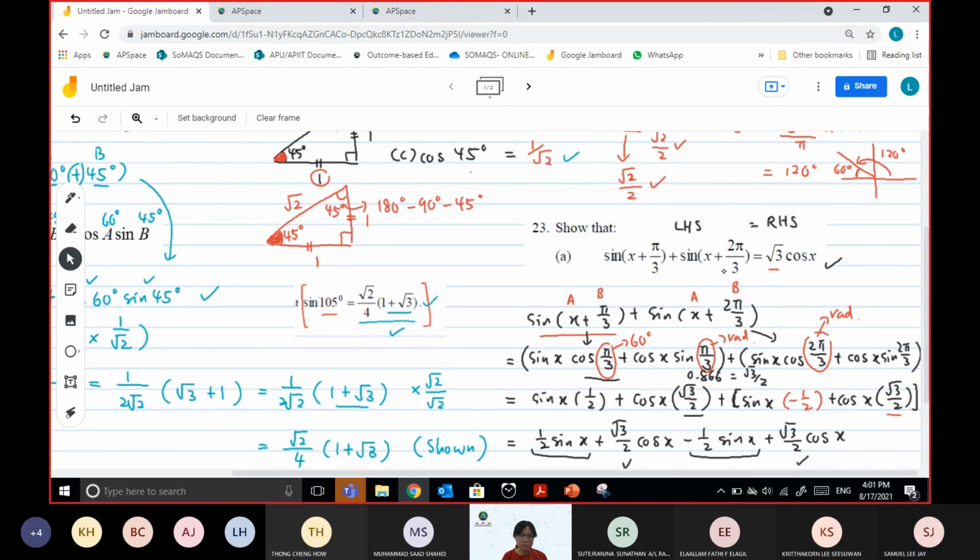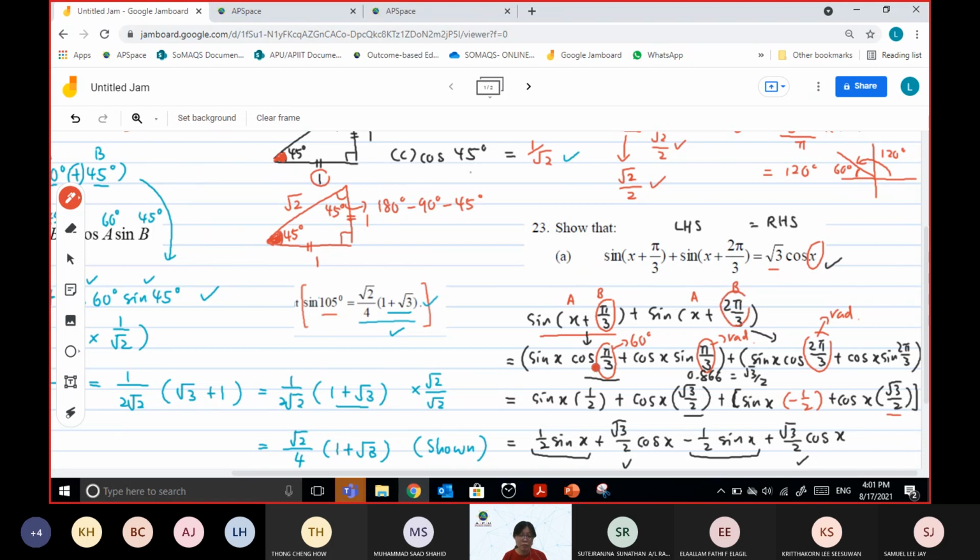Okay, when we apply this formula, can you see what we have at the right hand side? Sometimes what we have in the right hand side actually guides us how to solve it. You can see here we have x only, and we know that we can evaluate sine or cos of pi over 3 or 2 pi over 3.